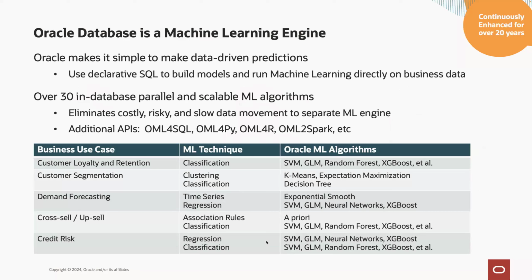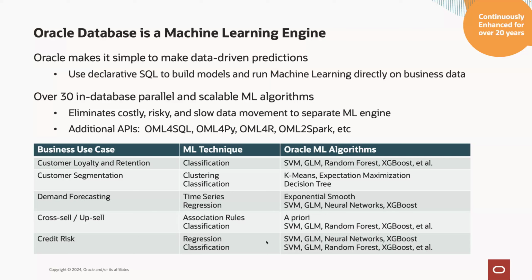So these models have been available in the Oracle database for well and truly over 20 years. We have over 30 of these algorithms that are available for you to use. There's no additional installation required to use them. There's no additional cost to use them. And they're really what you would consider using when you wish to apply AI and machine learning to your business data.